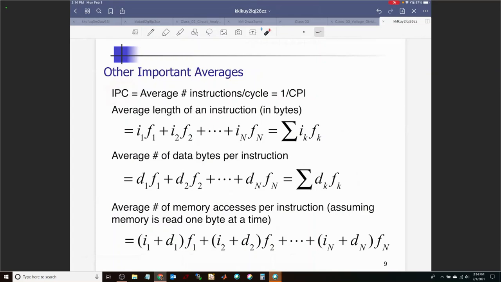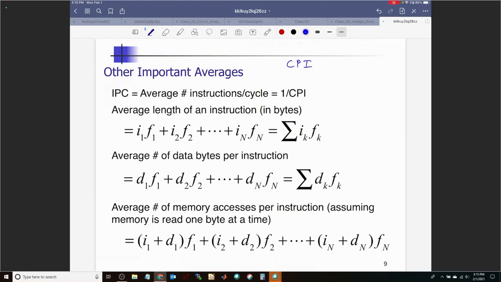To answer this question, let me ask you this. If you look at CPI, cycles per instruction, what do you think its value should be? Ideally, if you had to associate one value with clock cycles per instruction, what would you want? You would expect that it is more often than not 1, meaning one instruction gets completed in one clock cycle.